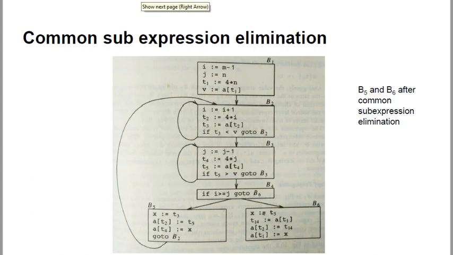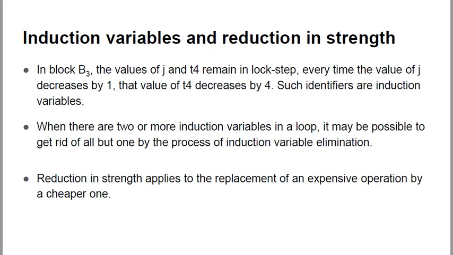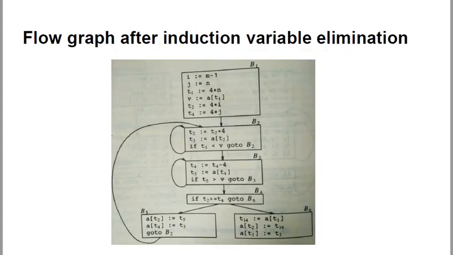So in blocks B2 and B3, I and j now become dead variables, and the assignments to them become dead code that can be eliminated, because I and j are not used for anything but the check. This code is being modified, but the operations remain the same, only the variables are eliminated. So the code improving transformations are shown here.